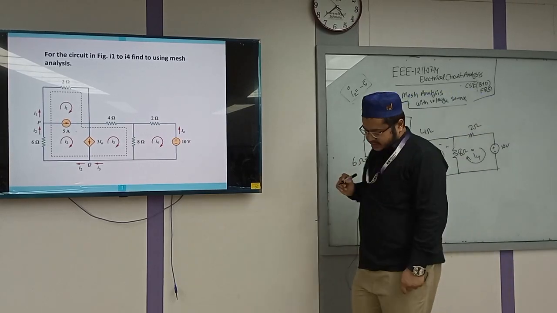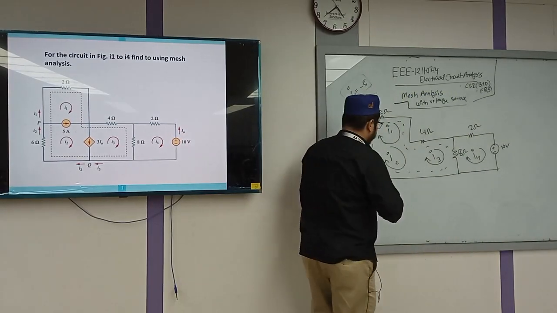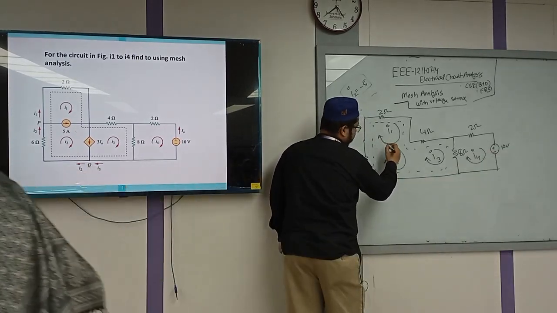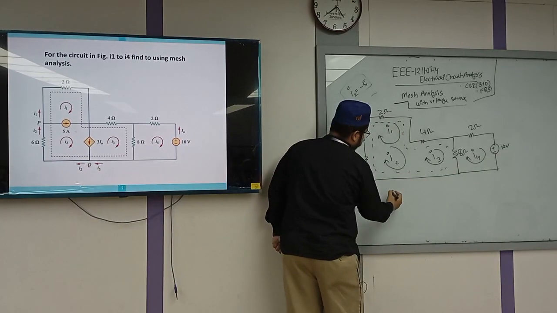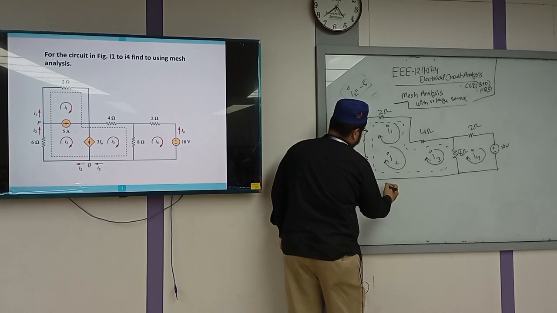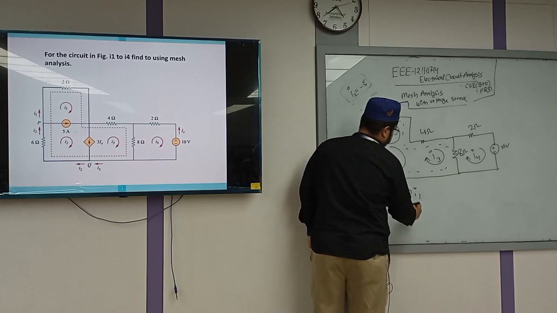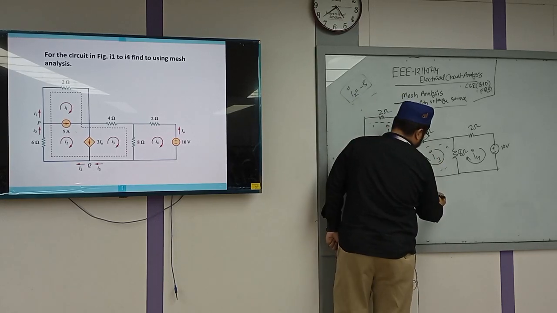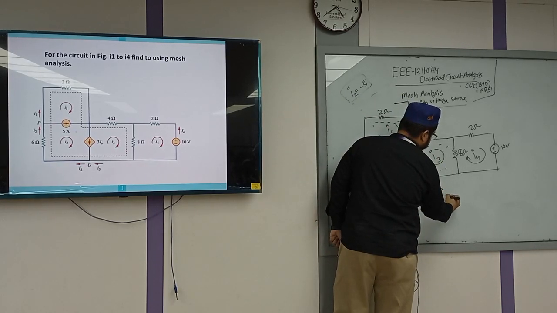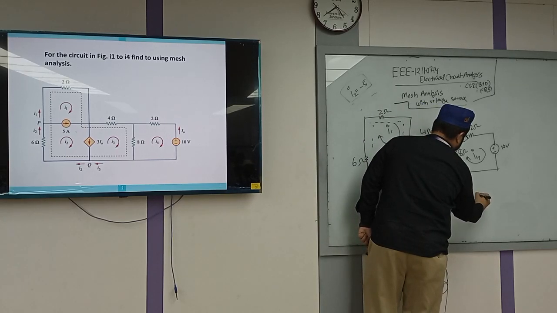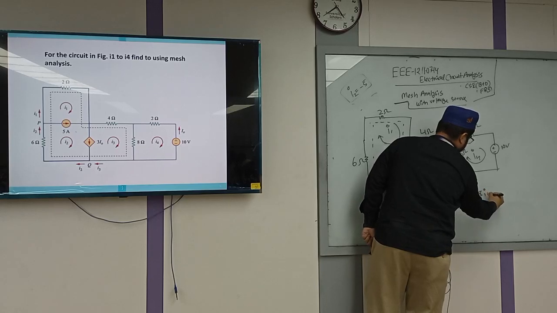Now we apply KVL in this loop: 6I2 plus 2I1 plus 4I3 plus 8I3 minus 8I4.